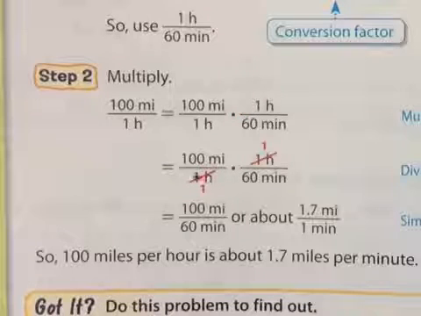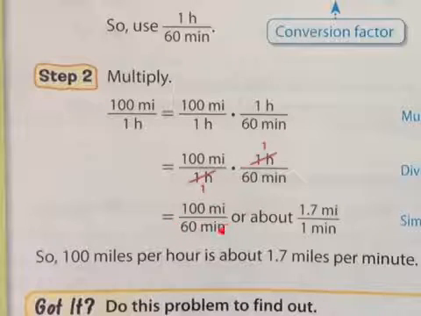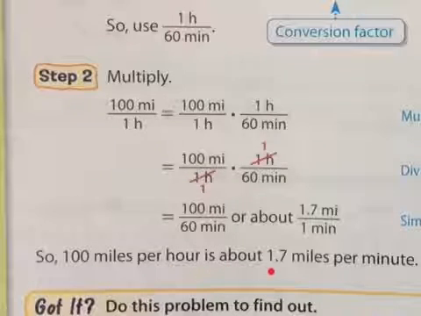We cross-reference the hours so that they're down to 1, so that we end up with a fraction that looks like 100 miles over 60 minutes. Right here, 100 miles over 60 minutes. And then I'm just going to simply divide so that I can find my unit rate of 1 minute. And I'm going to get 1.7 miles per 1 minute. So 100 miles per hour is about 1.7 miles per minute.